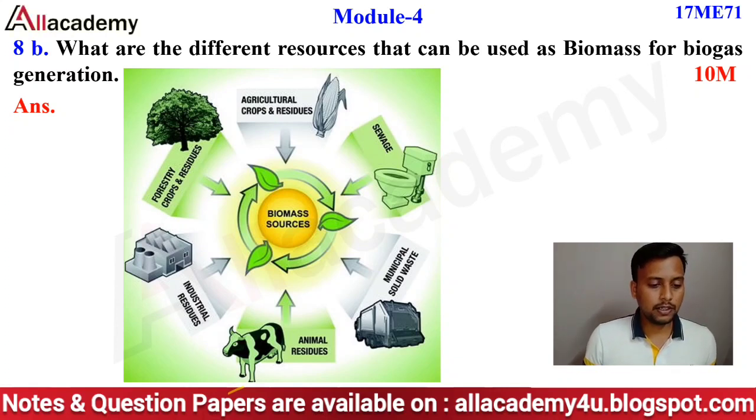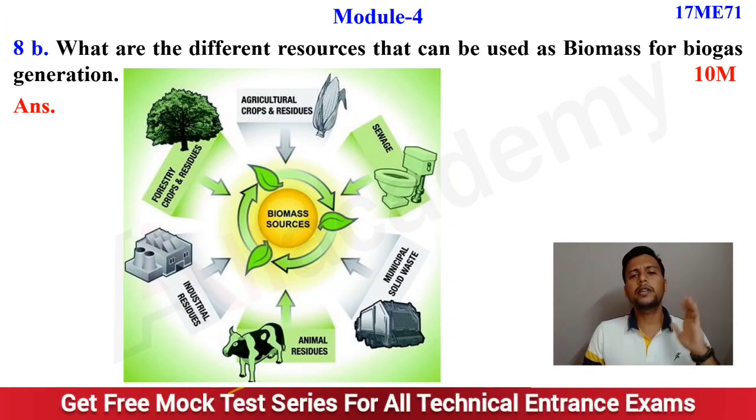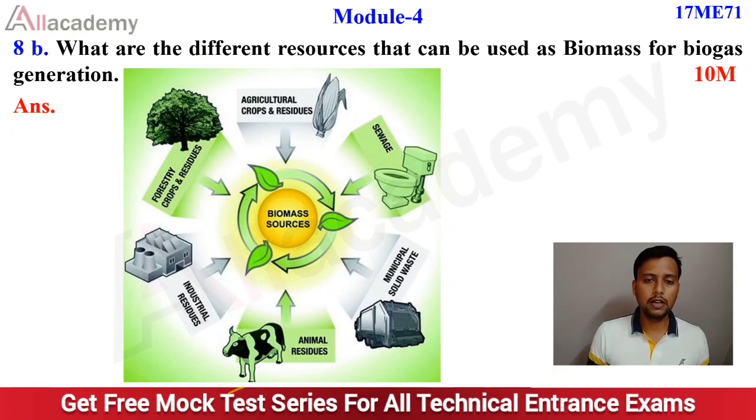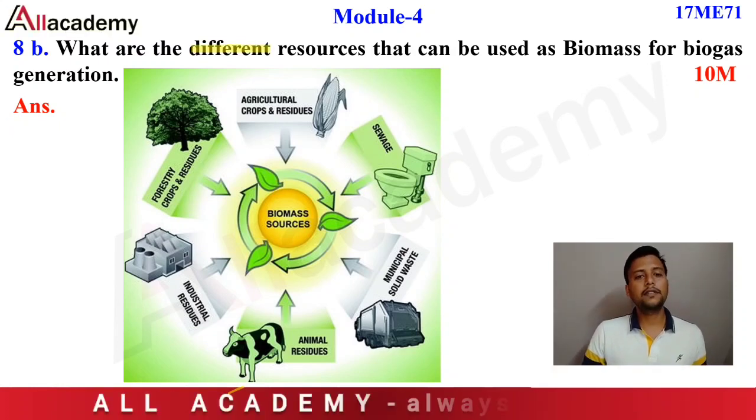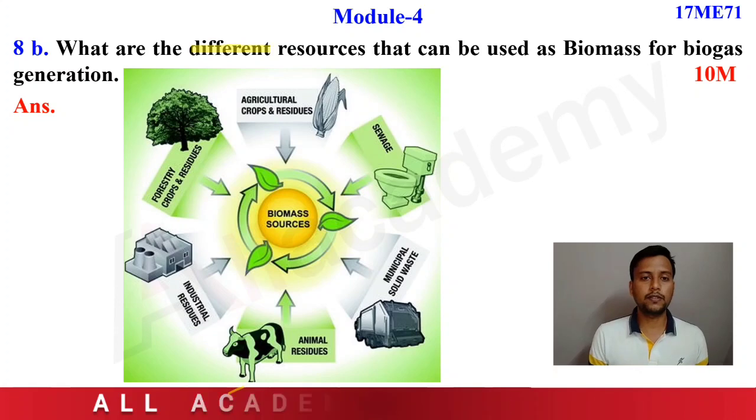And the next question is, what are the different resources that can be used as a biomass for biogas generation? Many students have made a mistake for this question. By seeing this word different, they have written the different types of biogas generators, like floating dome type, fixed dome.